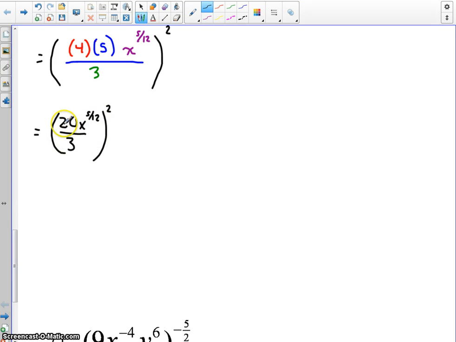So if this is the case here, if I'm distributing the exponent here, this is going to be 20 squared, x to the 5/12 squared, over 3 squared. Now you may not need to write out this step if you just know to distribute the exponent properly, but if it helps, please do write it out. So 20 squared gives me 400.